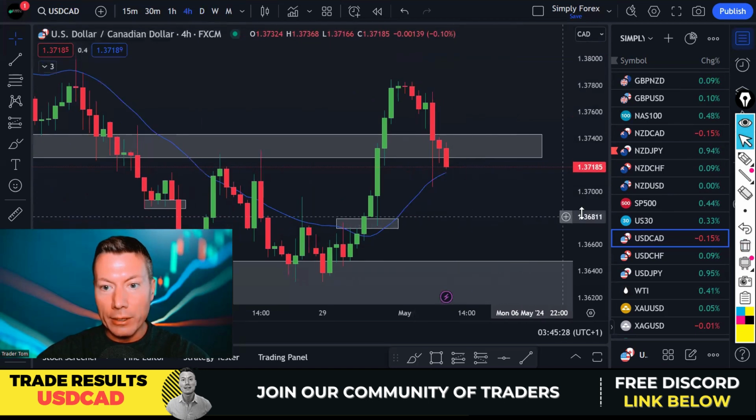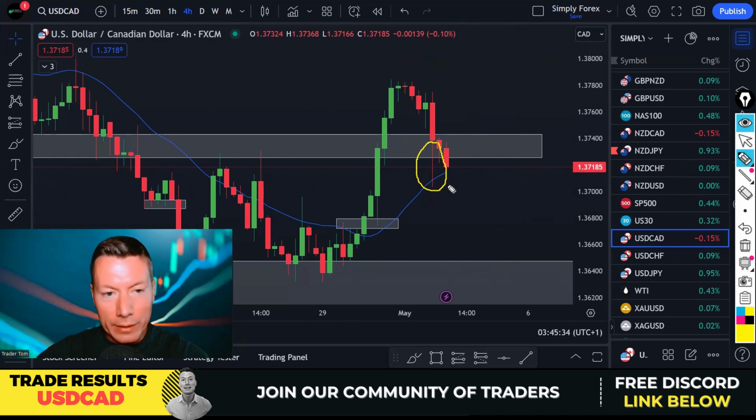We did actually get a nice retrace because of news here and a nice reaction. But again, I'm just waiting for the dust to settle. The news doesn't come out until about 10 o'clock at night here anyway, so I'm not trading at that point. So yeah, potentially this could be a trade idea for today. We'll take a look in the trade ideas later.